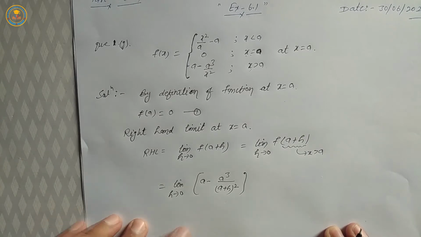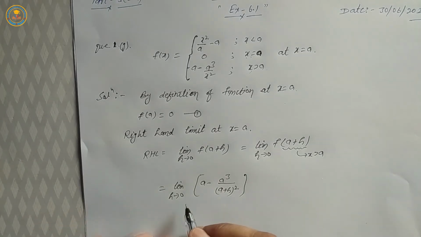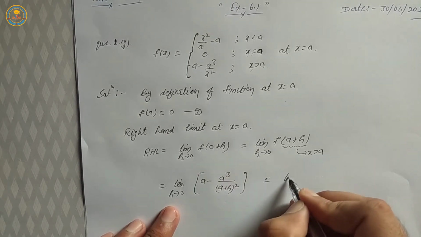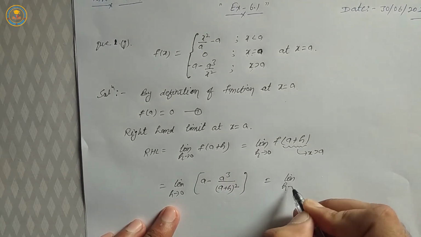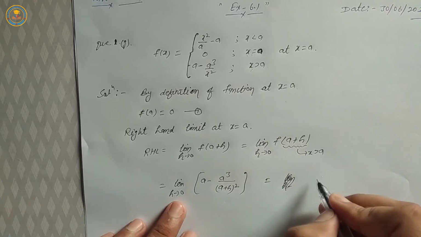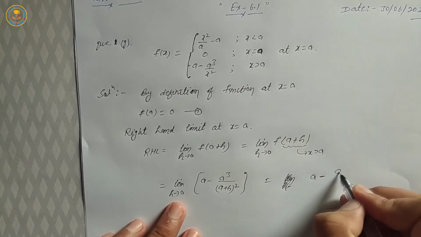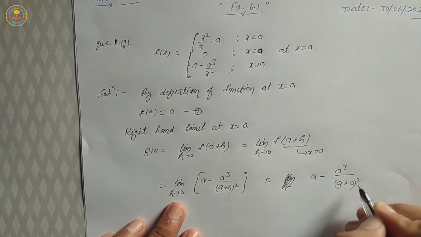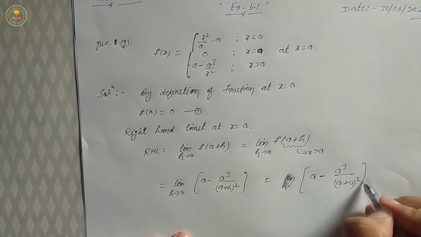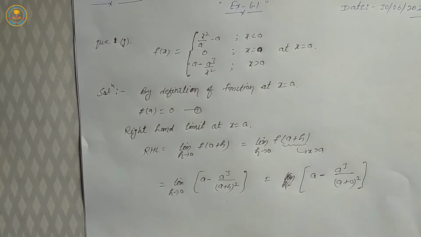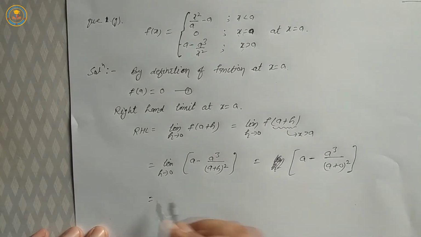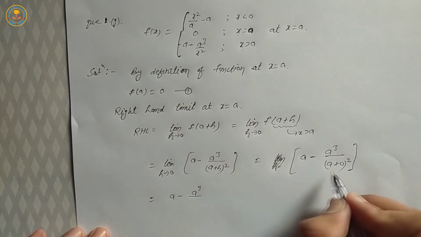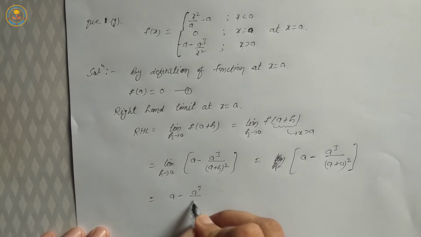Putting the value of h is equal to 0, limit a minus a cube upon (a plus 0) whole square is equal to a minus a cube upon a square.